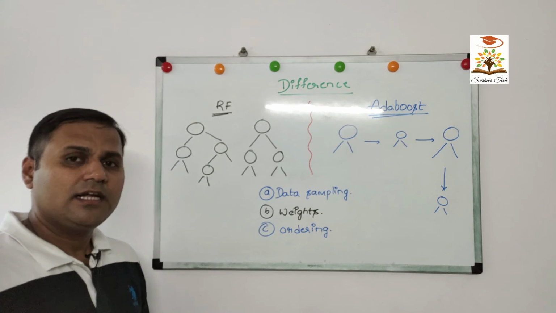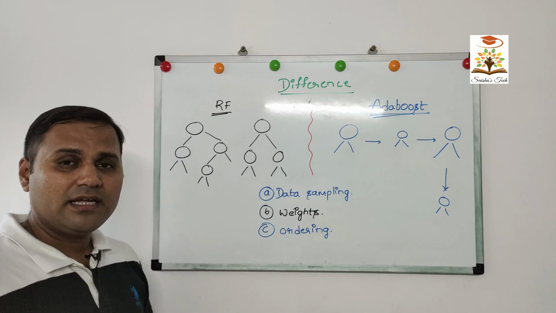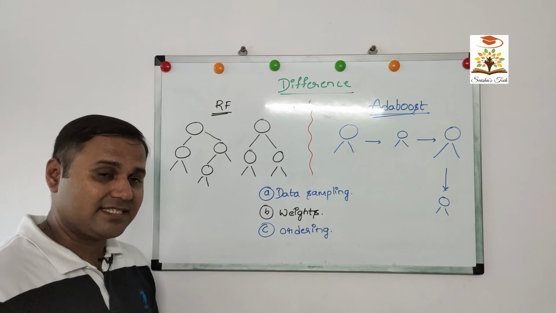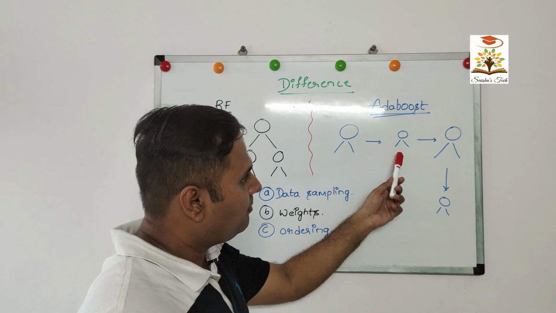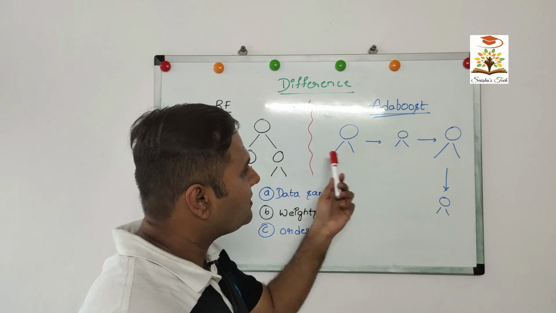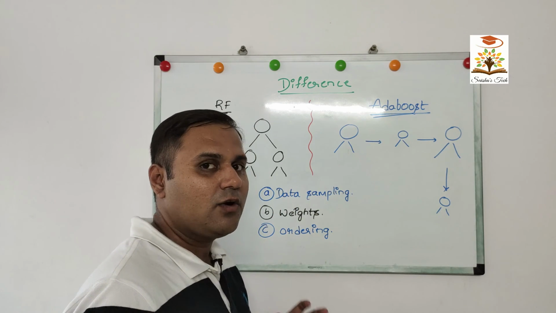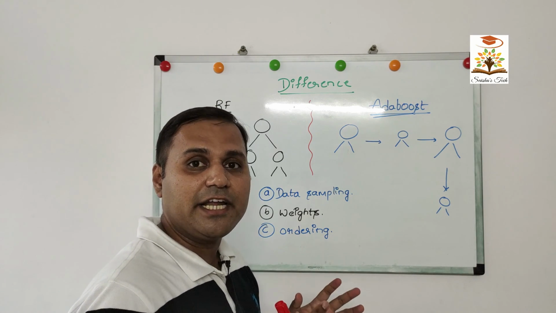Ordering. The order of the trees in a random forest model is independent, does not affect. Whereas, as the AdaBoost stump utilizes the previous stump error observation, the order of all the stumps in AdaBoost is mandatory.